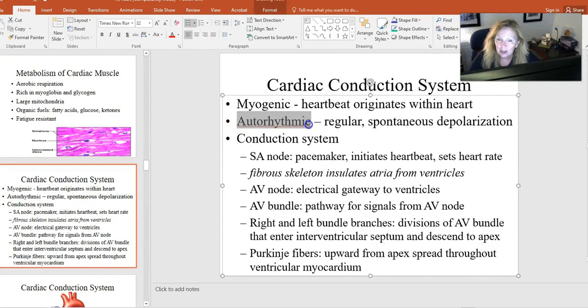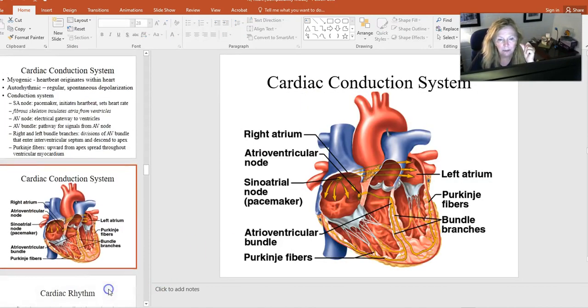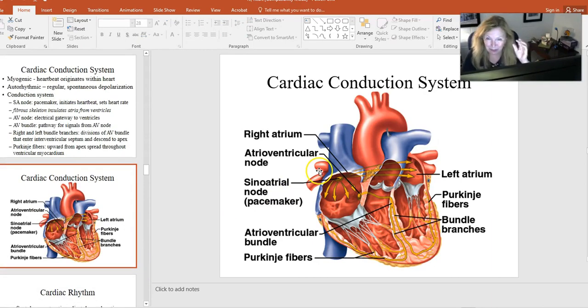It means that it has its own built-in pacemakers. The pacemaker cells make up a little area called the SA node, which stands for sinoatrial node. This slide in text form takes you through how this node fires and works, but I think this picture is really worth 1,000 words.